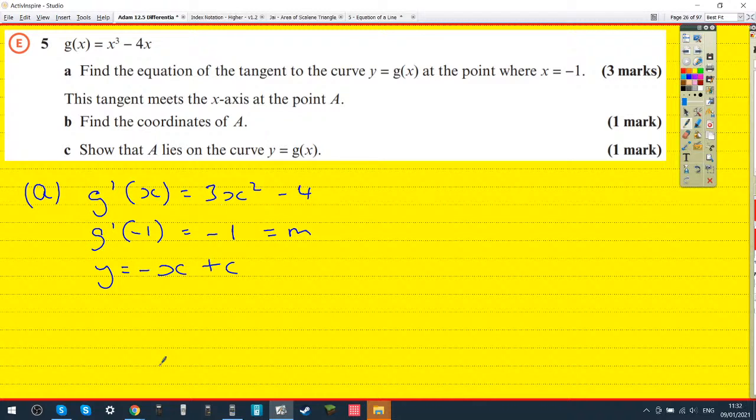And then you need to get y. How would you do that? Do you have to put the number into the original equation? Or do you put minus 1 into the original equation? Yeah. And you would get 3, I believe.